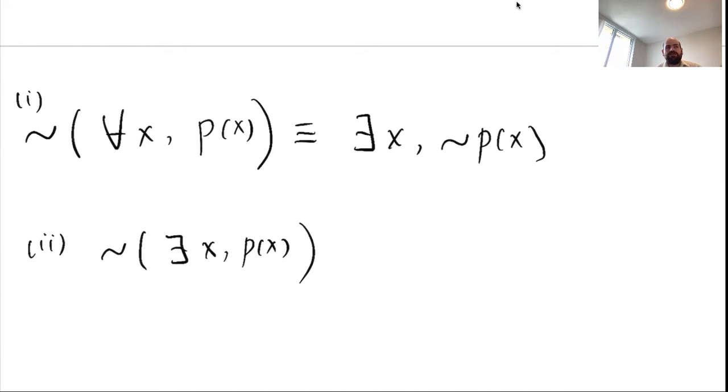When can I say that is the case? If for every student in the class, the GPA is less than or equal to 3.6, then I can say it's not the case that there exists a student with GPA more than 3.6. So this is logically equivalent with for each X, negation P of X holds.